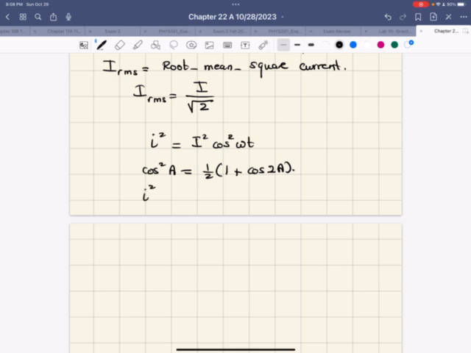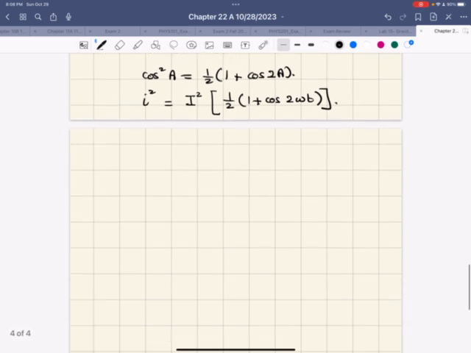Therefore, i squared equals I0 squared times 1/2 times 1 plus cosine 2 omega t, and from that we can say i squared equals 1/2 I0 squared plus 1/2 I0 squared cosine 2 omega t.